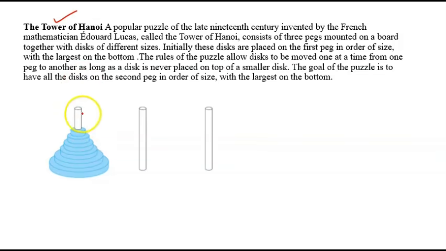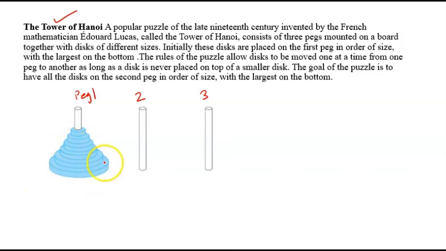You can see that here we have three different pegs or three different poles. Let me call it peg 1, peg 2, and peg 3. And on this peg there are different discs which are placed. If you look at the arrangement of these discs, the largest is at the bottom, means they are arranged in decreasing order of their size: the largest, then a smaller one, then a smaller one, and so on.